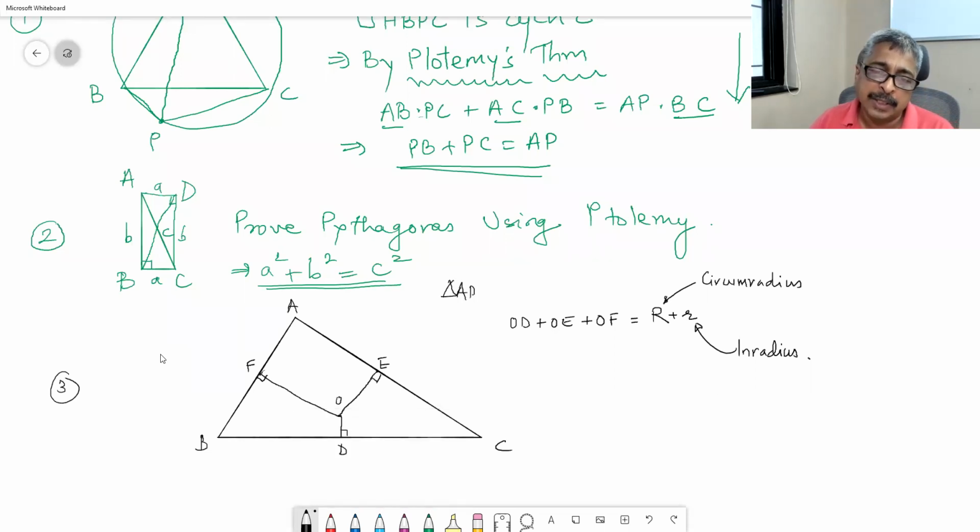Triangle ABC is an acute angle triangle. Then OD plus OE plus OF is circumradius plus inradius. If triangle ABC is an acute angle triangle, prove that OD plus OE plus OF is capital R plus small r.